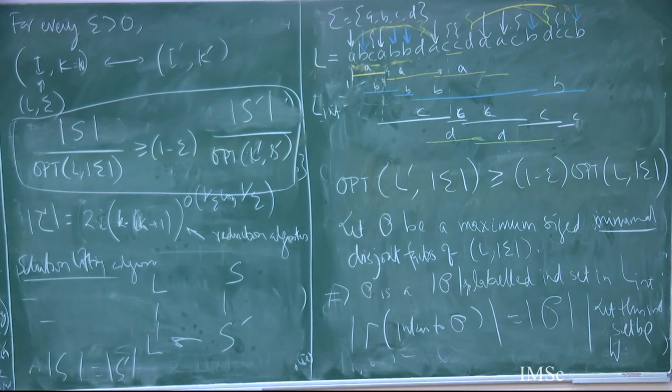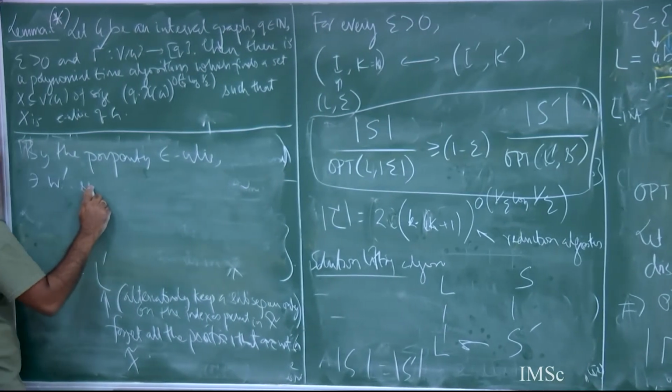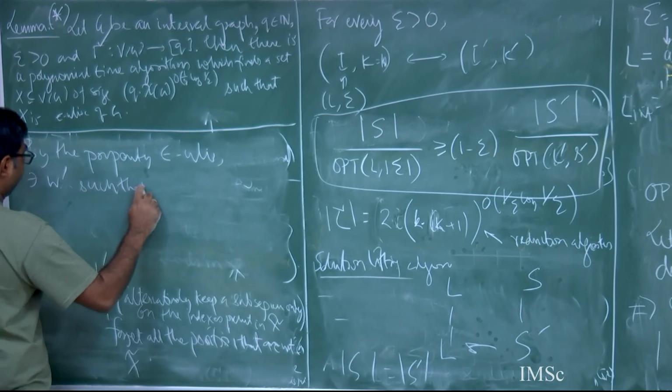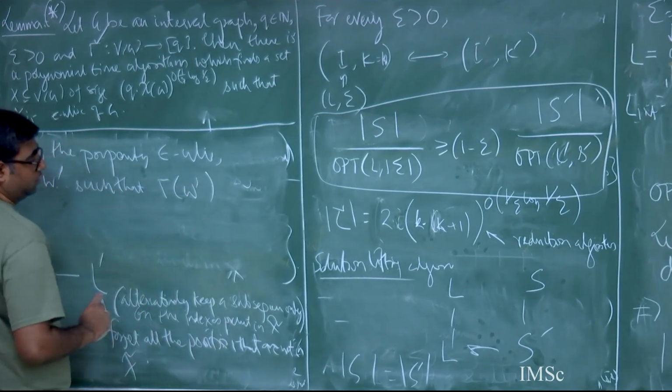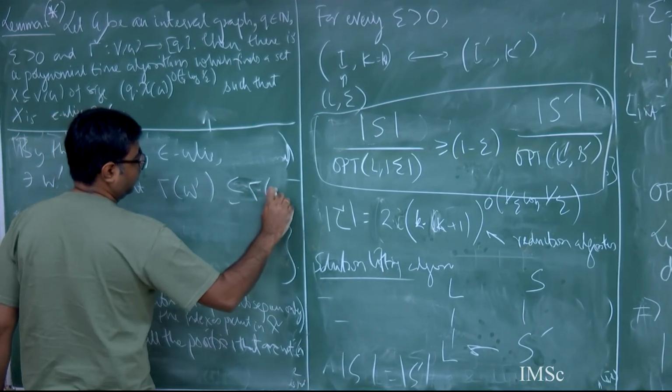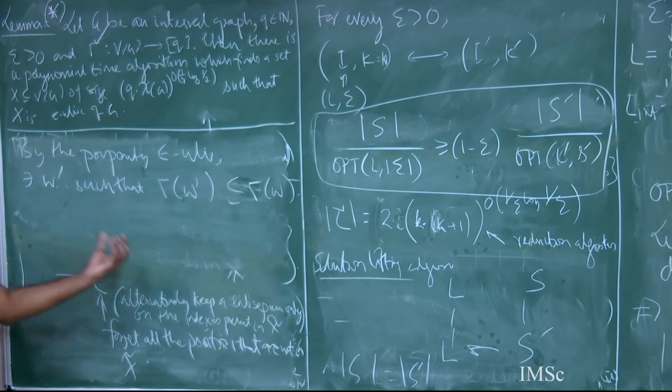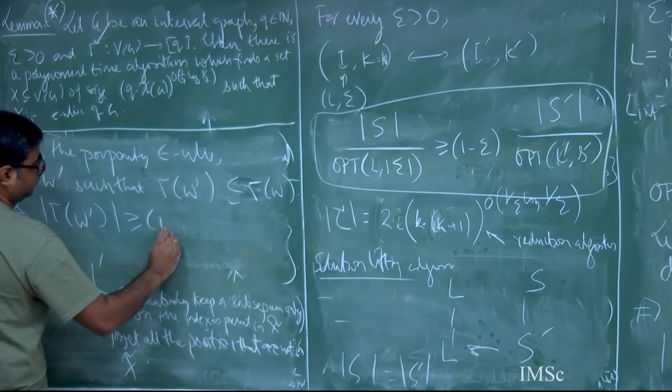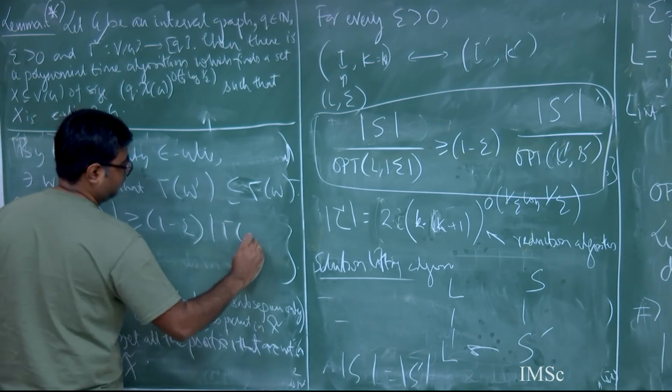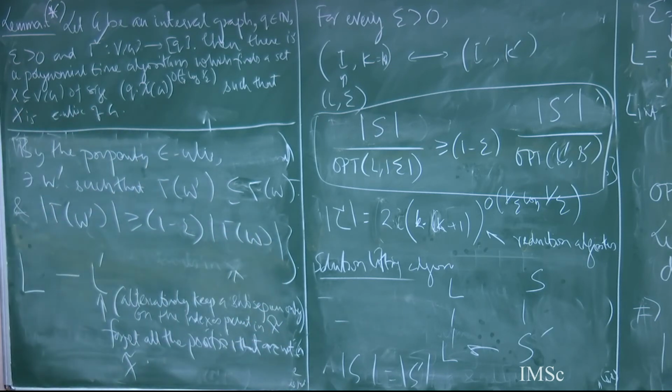By the property of epsilon u list, there exists W prime such that, as a label set, they are contained inside each other, and what is the size of this? Right, this is the definition of epsilon u list.